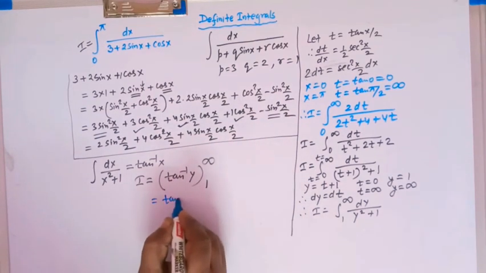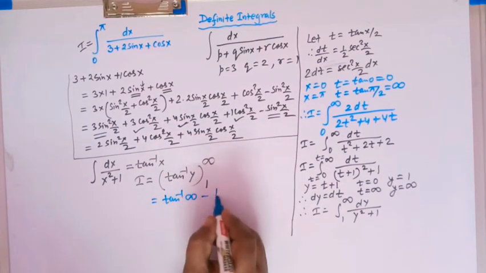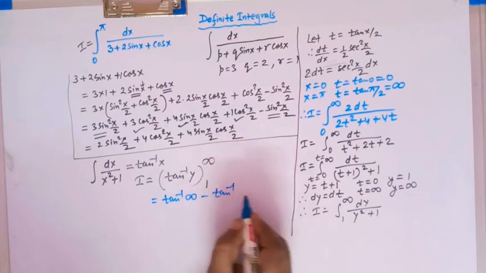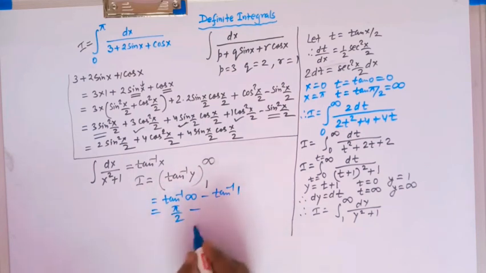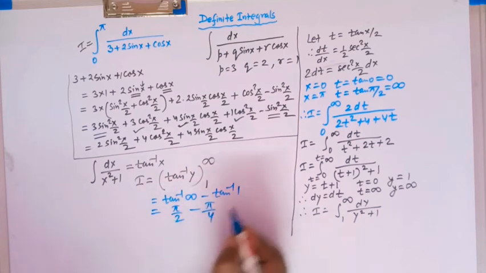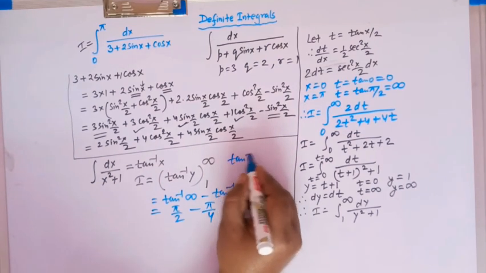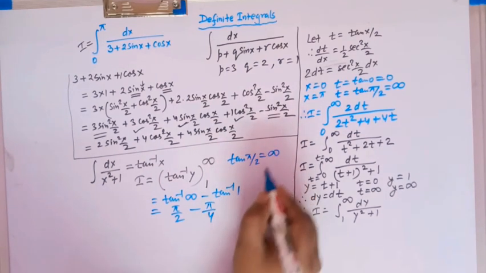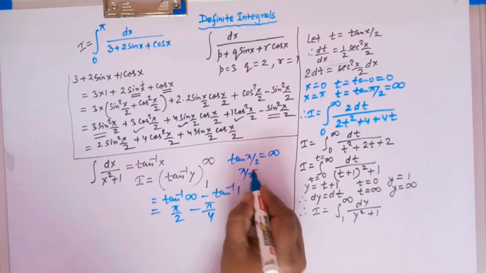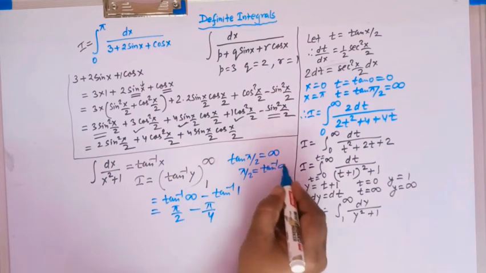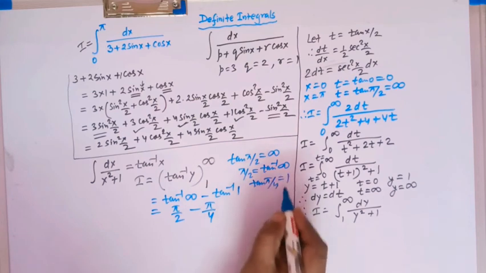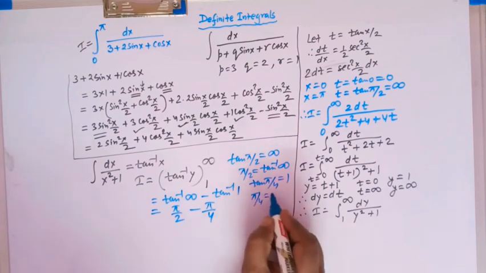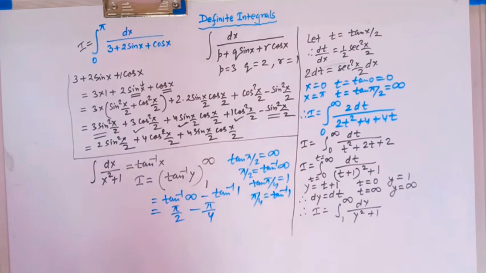So we have tan inverse infinity minus tan inverse 1, and tan inverse infinity is pi over 2, and tan inverse 1 is pi over 4, because tan pi by 2 is not defined, so pi by 2 is tan inverse infinity, and tan pi by 4 is 1, so pi by 4 is equal to tan inverse 1.